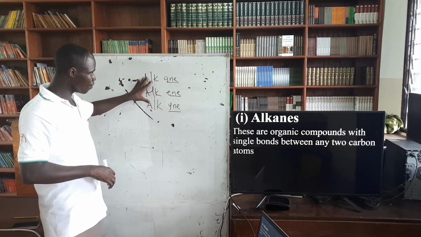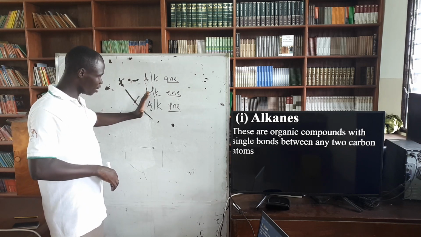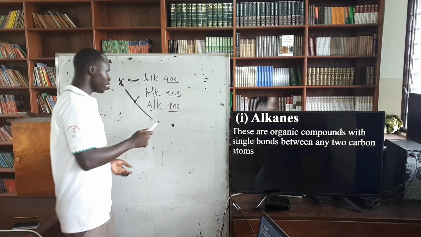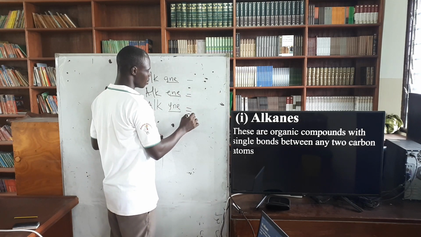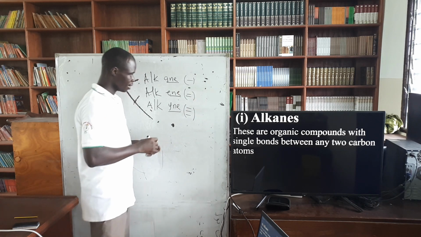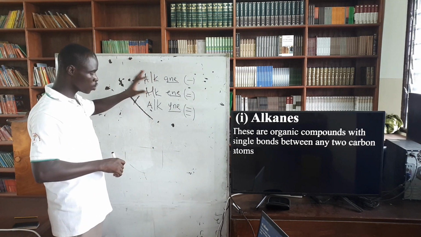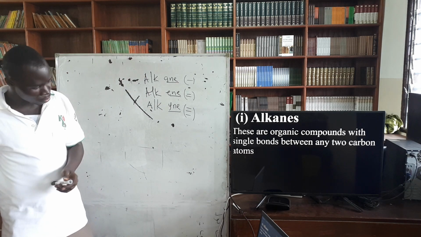We have a prefix and a suffix. The prefix is alk in all of them, but depending on the number of bonds, the suffix takes a different definition. So this is why I put it this way. I'm going to explain the why so that it helps.